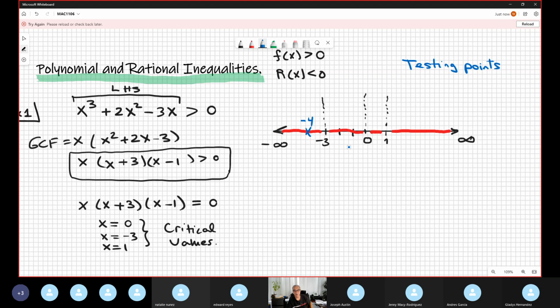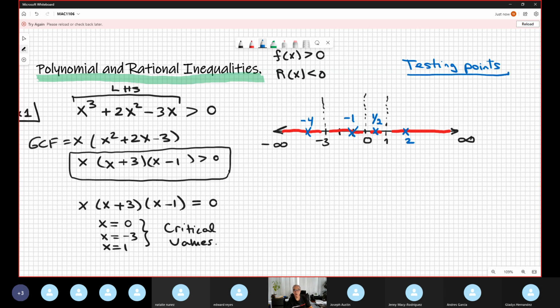It belongs to the first interval, and it doesn't affect the answer what value you pick because any value inside the interval has the same behavior. You pick, for example, -1 here, or -2. Between 0 and 1, I pick 1/2. And after 1, you pick 2, or 3, or 4. Okay, and these are my testing points.